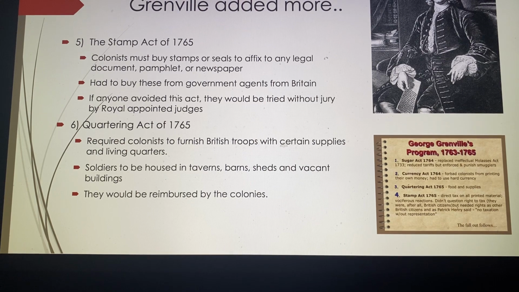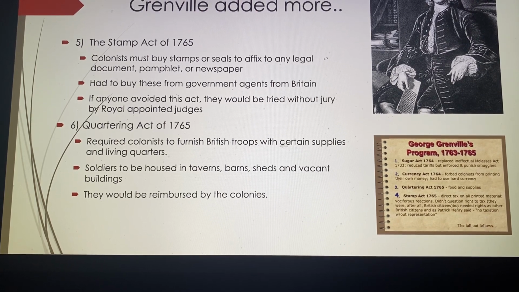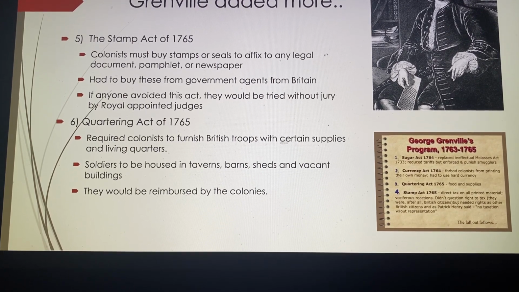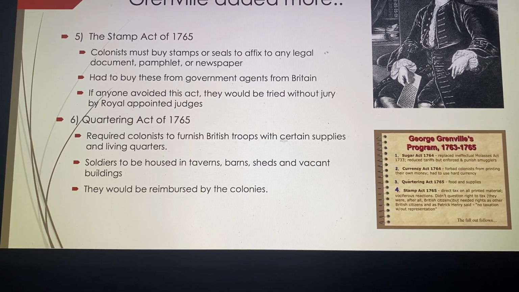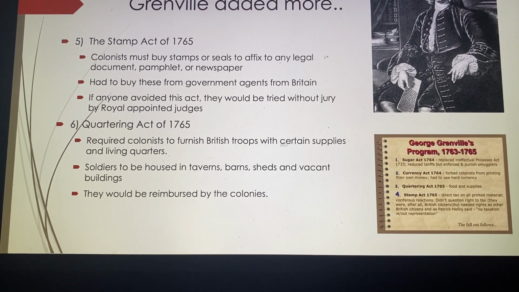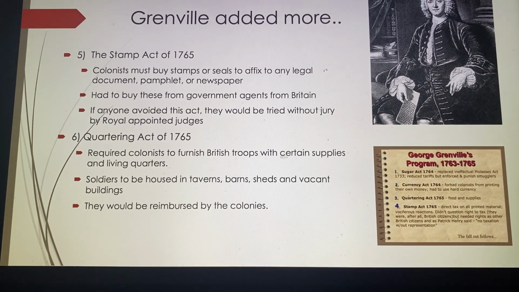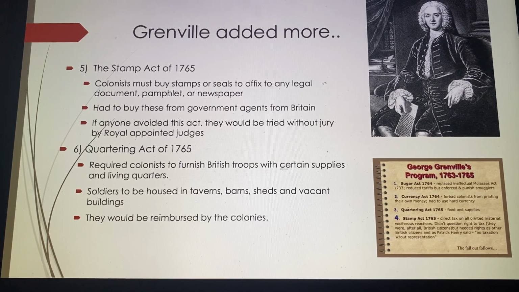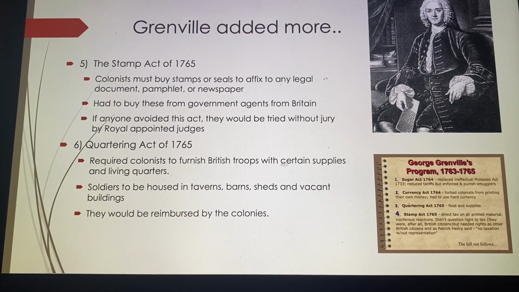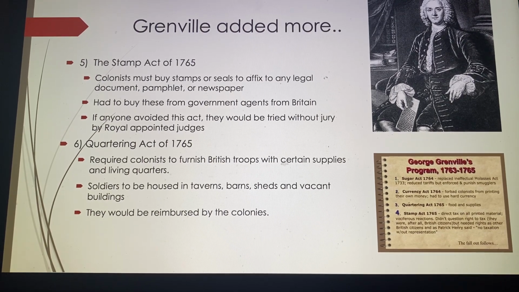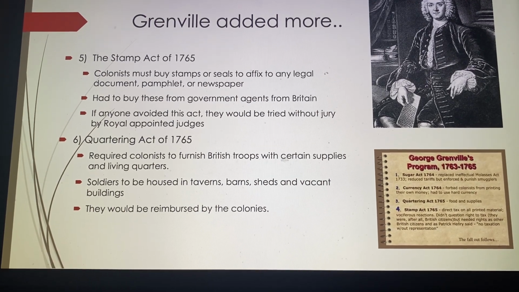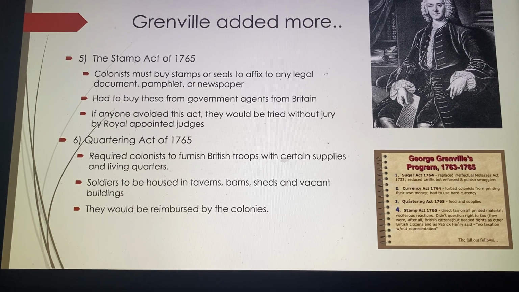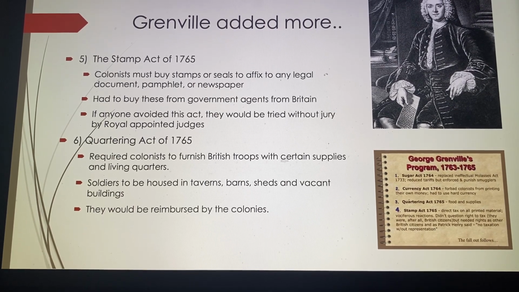Later on, this got even stricter, where they could come right into a colonist's house and live right with the family, and the family would have to take care of these British soldiers. These soldiers at first were housed in taverns, barns, sheds, and vacant buildings, but later they would be housed right in the midst of the colonists' houses. And the colony would have to reimburse them for everything. The colony would have to pay for them.